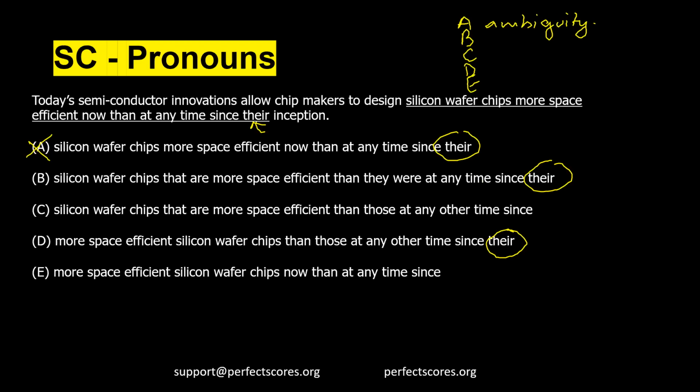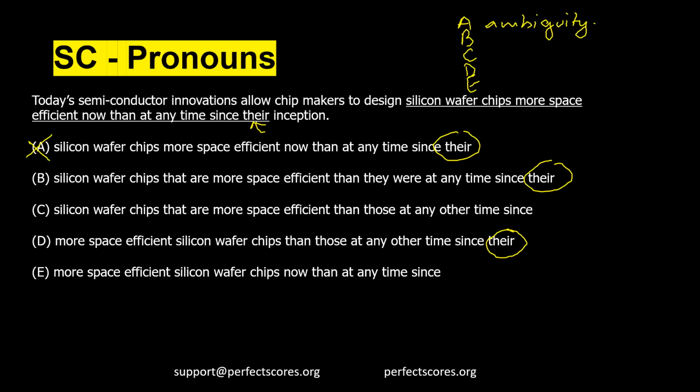Okay, one little strategy or recommendation for these sentence correction questions: once you realize that one word or one little concept is creating an error in a particular option, for example, "there" in option A, you quickly see through all options to check if any other option repeats the same error.